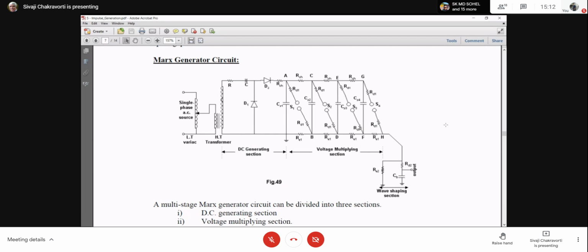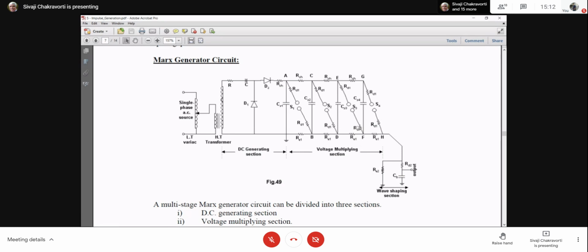Now, as long as S4 does not fire, the voltage at the point G is never connected to the output circuit. Now, how does it all happen?